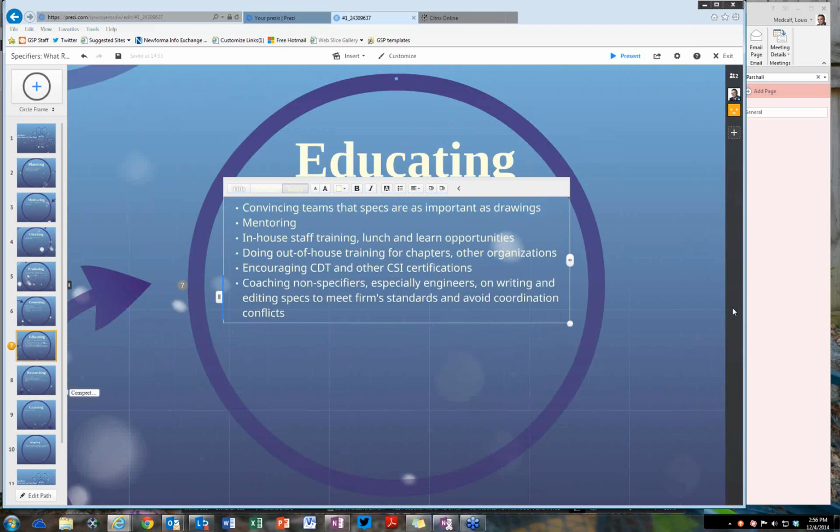CSI organizes it into, I think, 10 different sessions, and I present it in 5, but I take the course to the firm that I'd like to educate. And I actually got some pretty good response. In one case, I had 40 people from the firm sign up. In the other case, a firm here in New York City, I had 91 people sign up for the course, which was about a third of their staff.